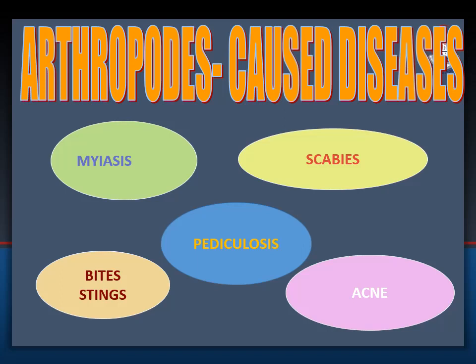Stings of some arthropods may inject poison inside the body and may even cause death of man. Acne is another skin condition in which some lesions appear on the face, and they are believed to be caused by some sort of arthropods which act together with anaerobic bacteria to produce these lesions.